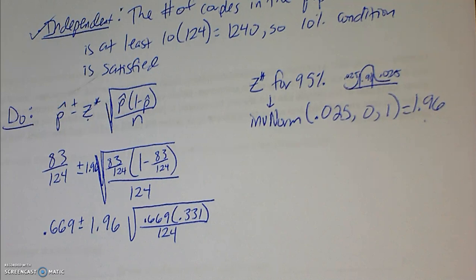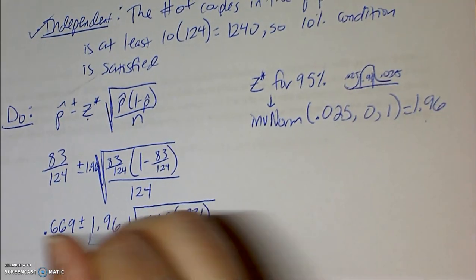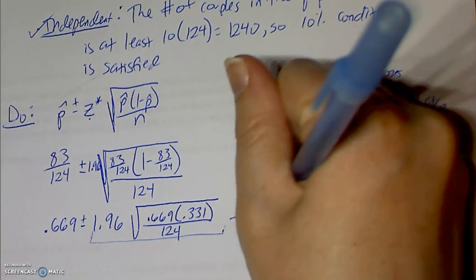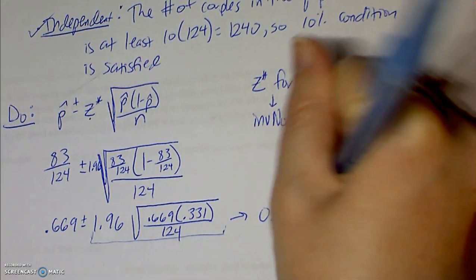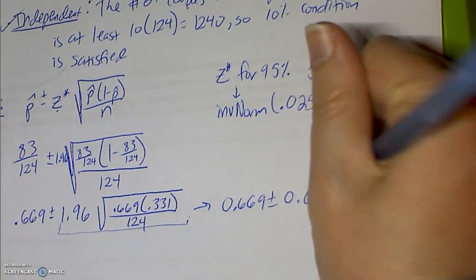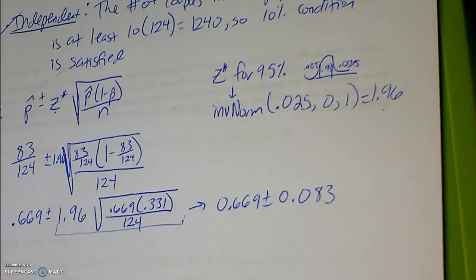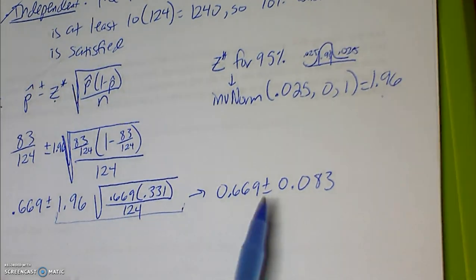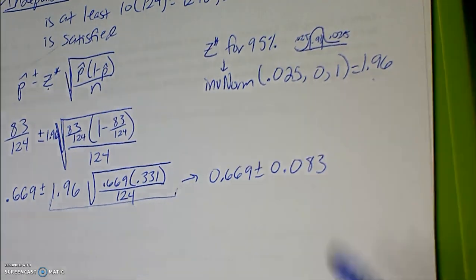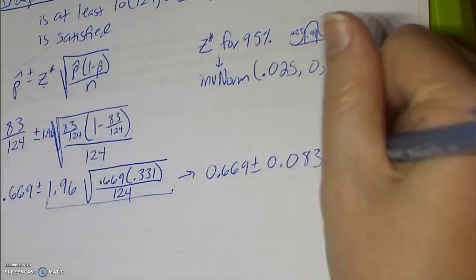Okay. So if you were to just figure out this part right here, my margin of error, that would be 0.669 plus or minus 0.083. You don't have to figure out what that is, but if you want to do it step by step, you can. And then from there, you can get your interval.